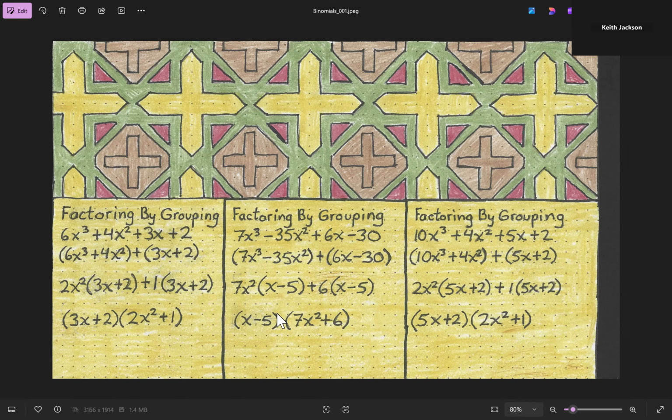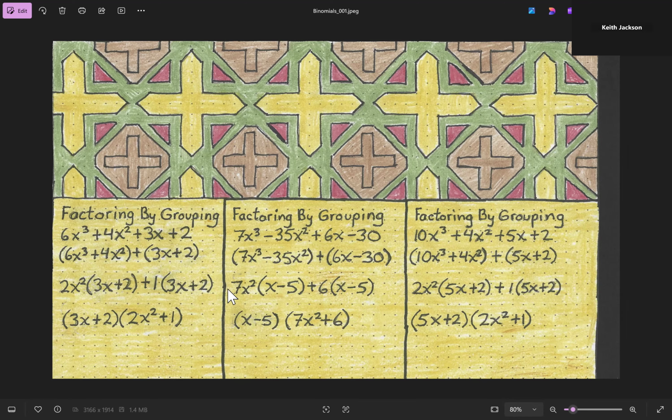And guess what we have right now? We have an x minus 5. Will we be able to get an x minus 5 on this side? Yes, we can, because the greatest common factor of 6 and negative 30 is 6 itself, leaving us with x minus 5 right here. So we have an x minus 5, and let's put that right out front.